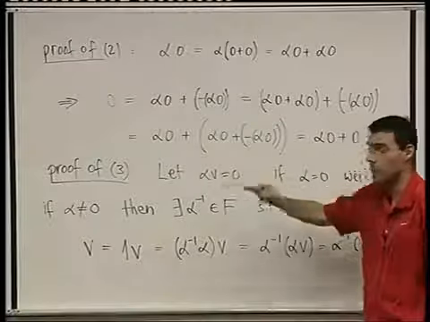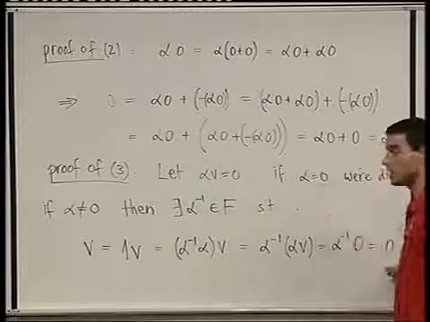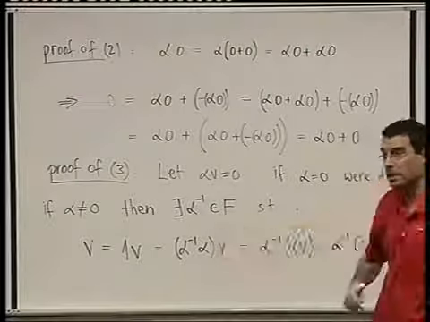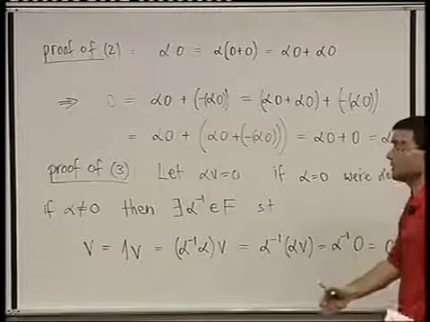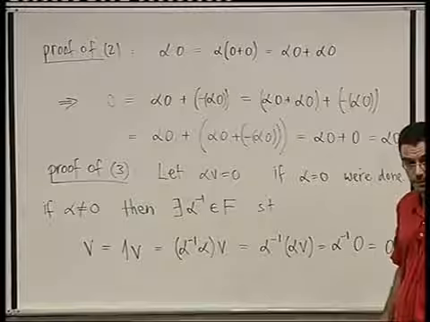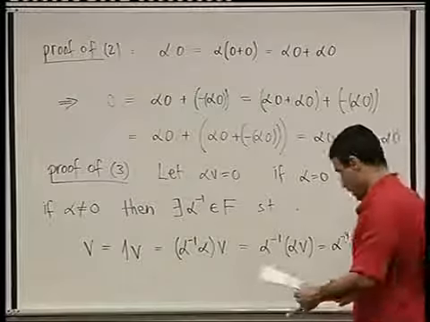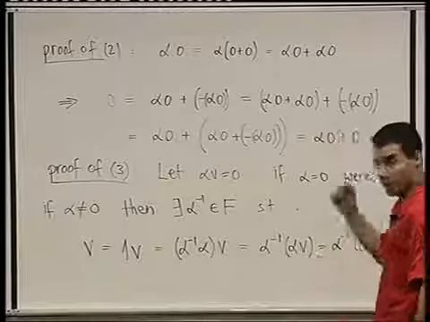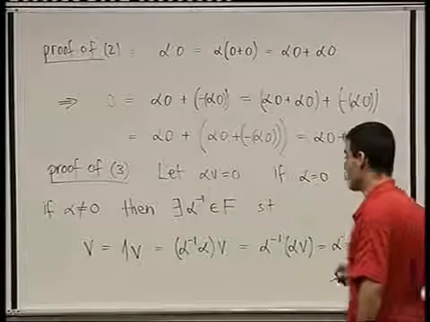Either alpha is 0 or it's not. If it's not, then v is 0. So we exhausted all the possibilities, and we showed that in each of the possibilities we get either alpha 0 or v 0. Good? Okay, so try to do number 1 on your own.